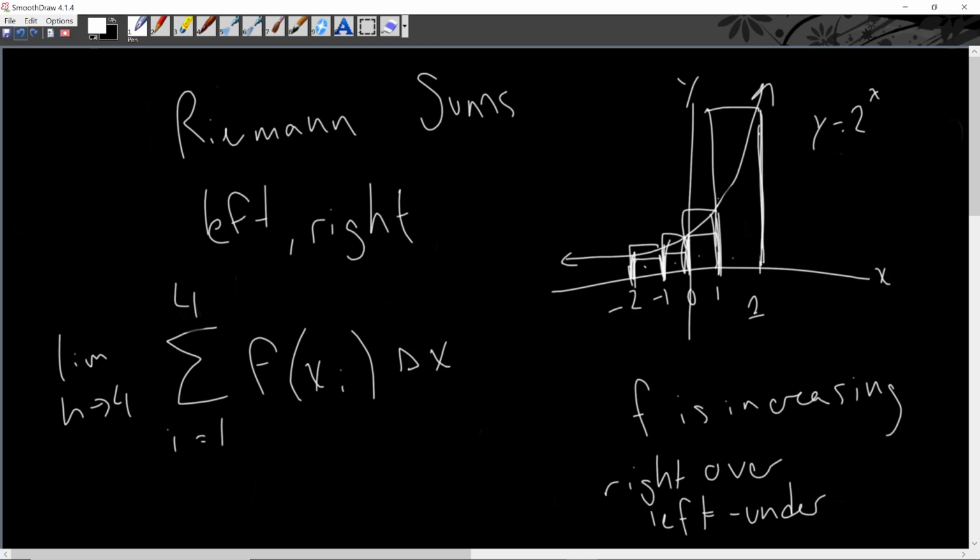Not sure if I'm making that make sense, but what I'm saying is that if f is increasing, when we drop lines from where f is touching on the left to the x value of our next subinterval, we're actually going to get a rectangle that falls underneath the curve.